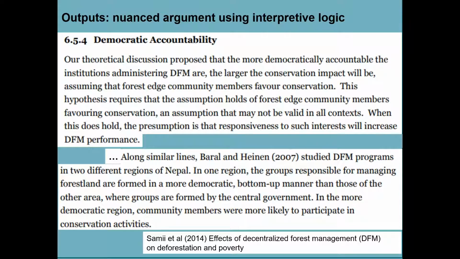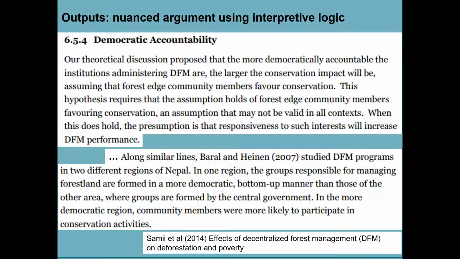And the last thing I wanted to talk about in terms of methods was different kinds of outputs. So if you're used to a quantitative review or a qualitative review, you may not be so used to seeing this kind of output, which is a narrative example. And here you can see it's quite nuanced. There's a lot of interpretation going on. So the authors of the review are arguing, for example, Barral and Heinen studied DFM practices and they found a positive result.